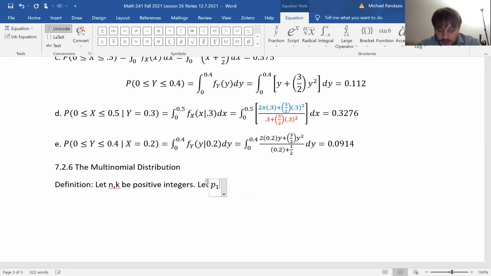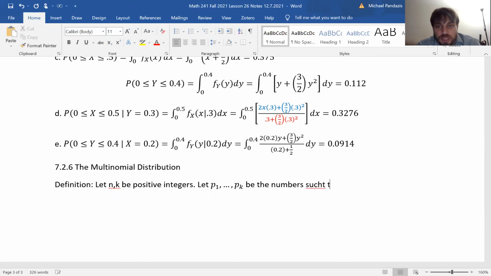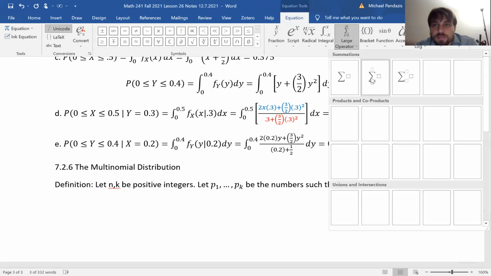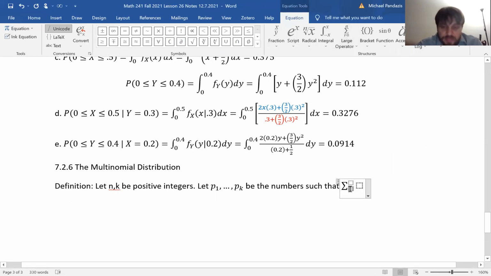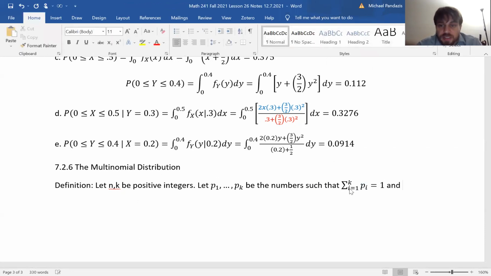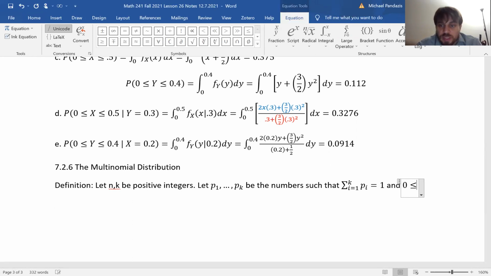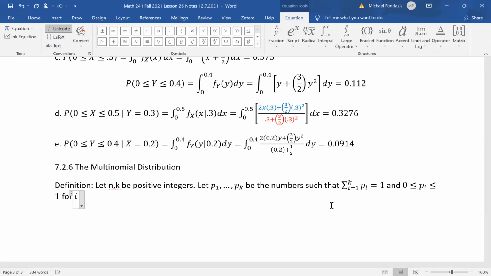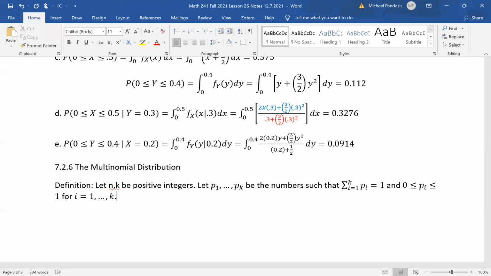Let p1 to p sub k be the numbers such that the sum from i equals 1 to k of p sub i is equal to 1. And each of the p sub i's are between 0 and 1 inclusive. This is for i from 1 to k.